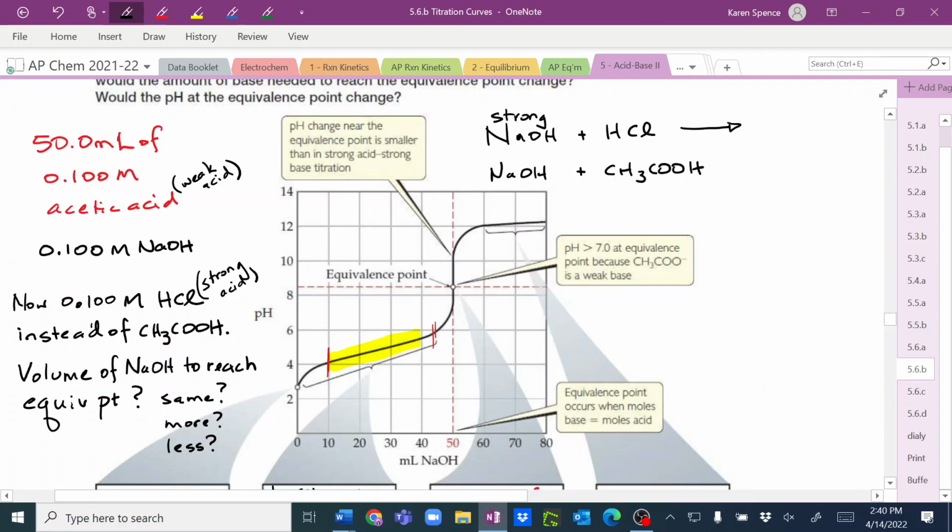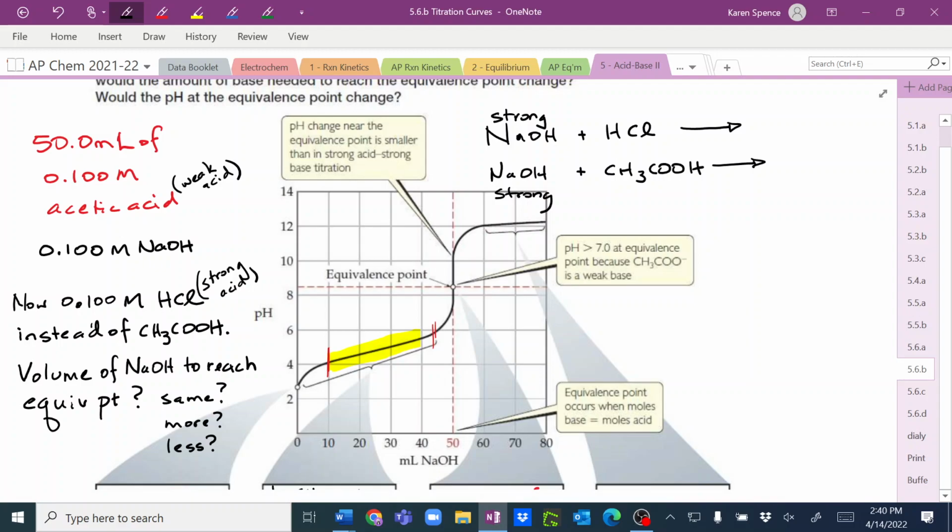What kind of an arrow do I get when I react a strong acid with a weak base? One way. Because the hydroxide just rips the hydrogens off. It doesn't have to wait for them to dissociate. It just rips them off.